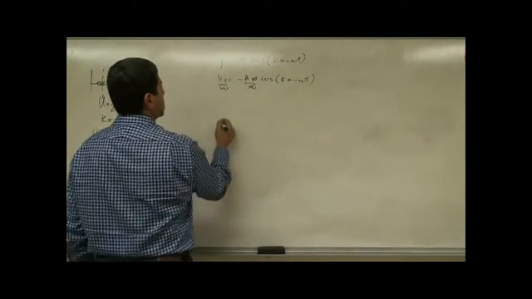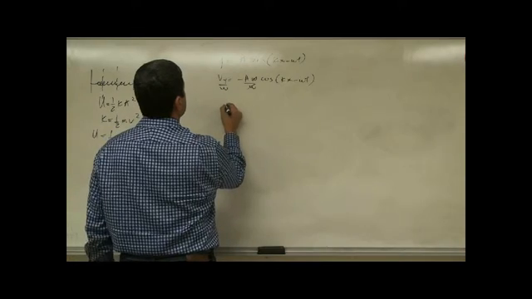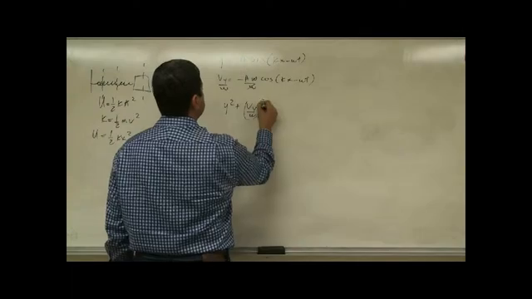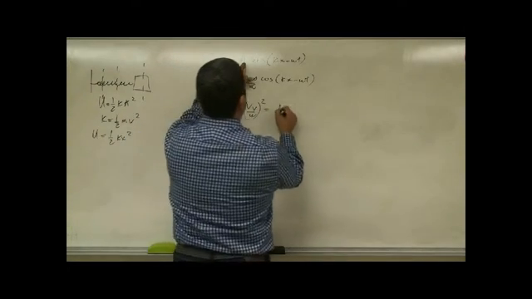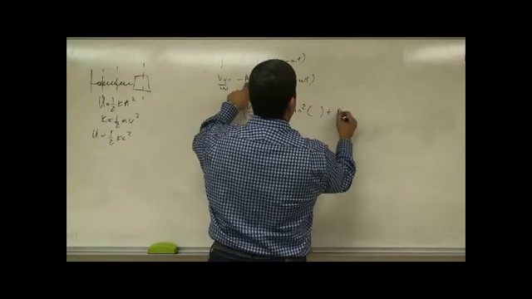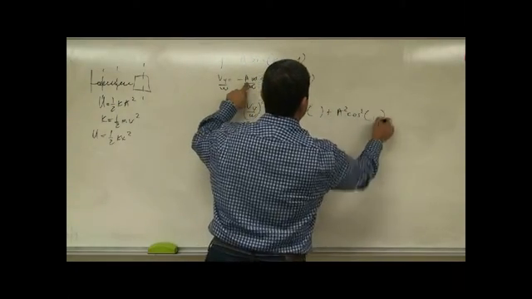The omegas are going to cancel, and we're going to say y squared plus (Vy over omega) squared is equal to a squared sine squared plus a squared cosine squared, right?